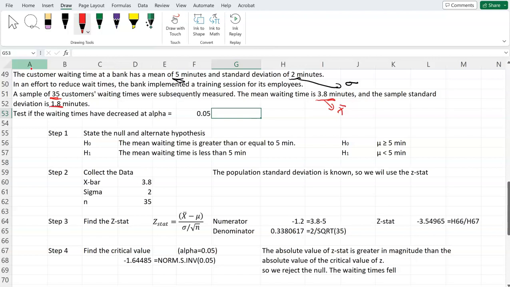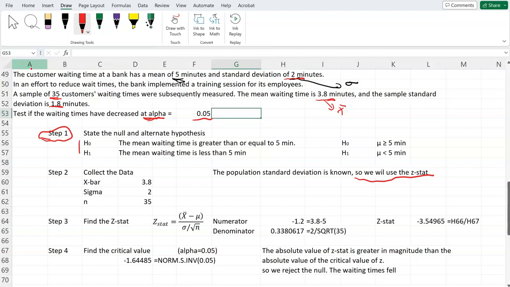However, since we have the population standard deviation, we will be using the z-stat to do our analysis. Now, we have to test if the waiting times have decreased, testing at alpha of 5%. Whenever we do problems like this, the first step is to state the null and alternate hypothesis, which we have done.